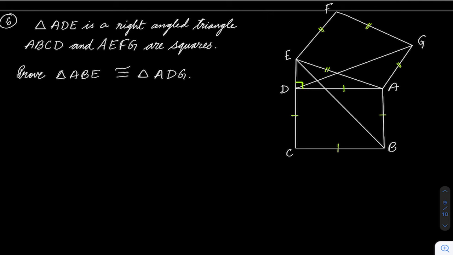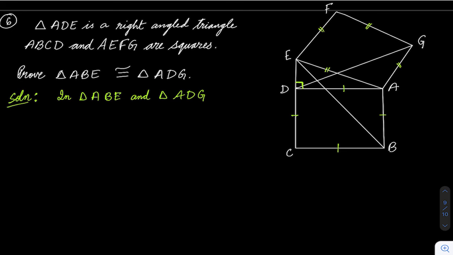Now we have to look for triangle ABE. Obviously if we have to prove these triangles are congruent, some sides and angles must be equal. So we just have to see which angles are equal and which sides are equal. So let's concentrate on triangle ABE and triangle ADG.